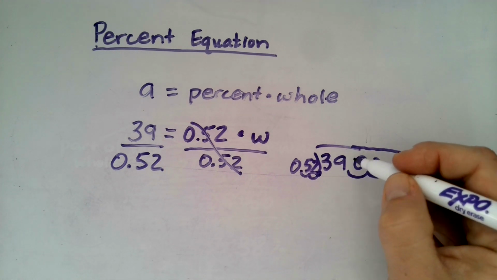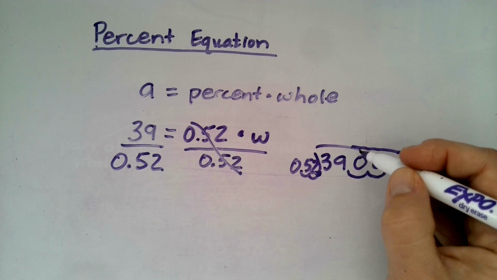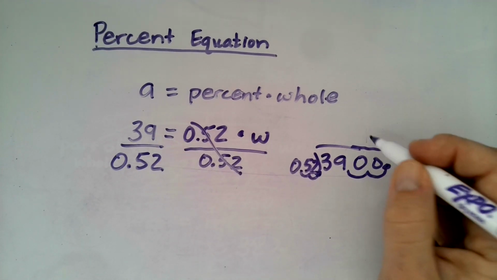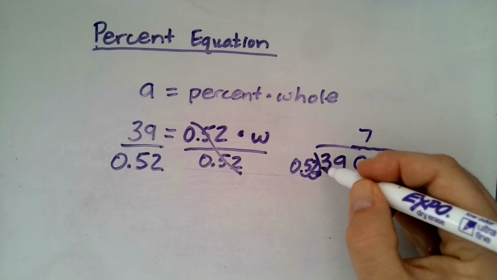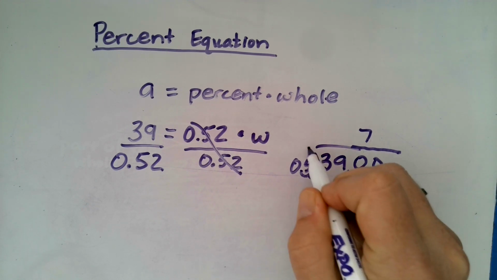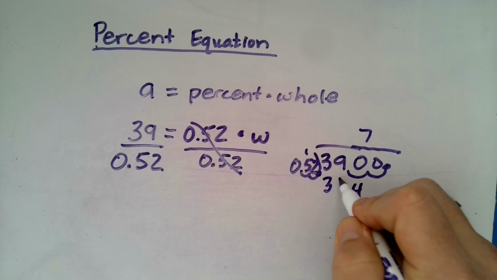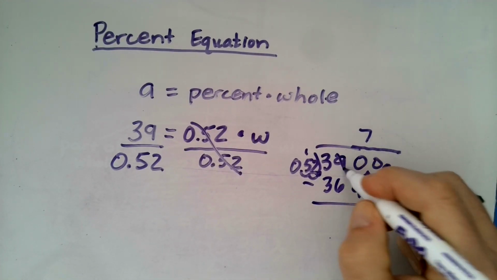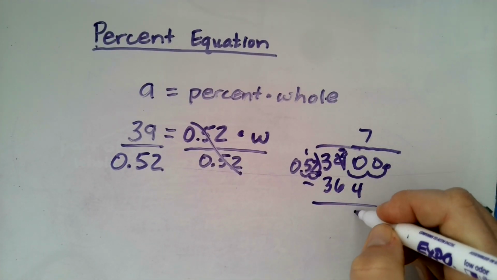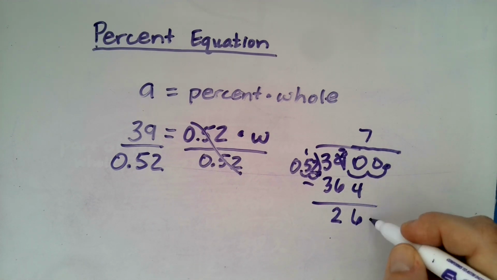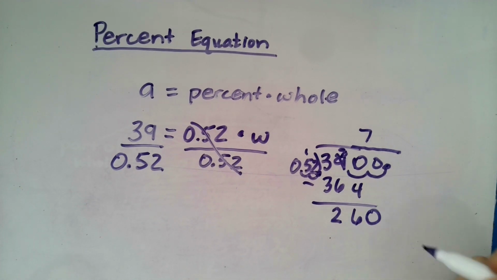52 goes into 390. Boy, 50 would go into 400 8 times, so let's go with 7 times. 7 times 2 is 14. 5 times 7 is 35 plus 1 would be 36. Subtract that out. 10 minus 4 is 6. 8 minus 6 is 2. And bring down another digit.